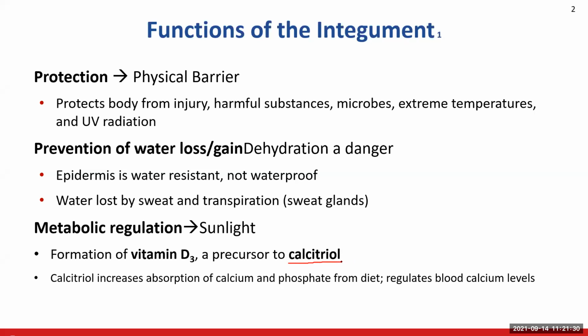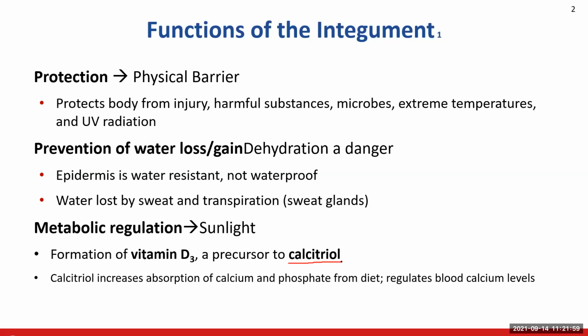Basically what it does is when your blood calcium levels are low, calcitriol gets released and it helps increase your blood calcium levels. A couple of ways that it does that is, one, it prevents the secretion of calcium and phosphate from the kidneys. So therefore it increases the absorption of calcium and phosphate from the kidneys. Make sure that you're not urinating it out and that you're keeping it in your blood.